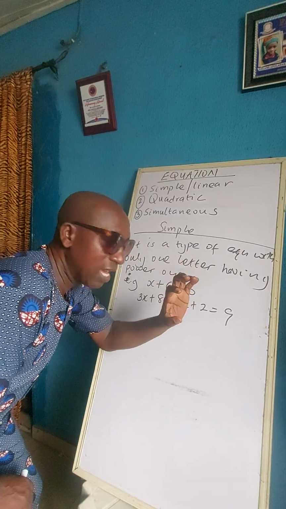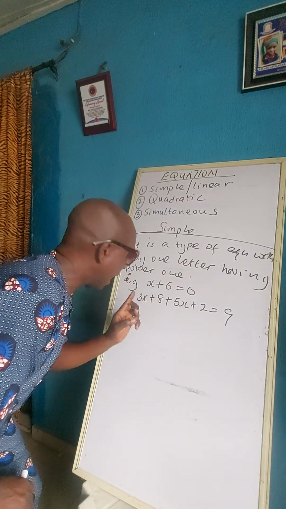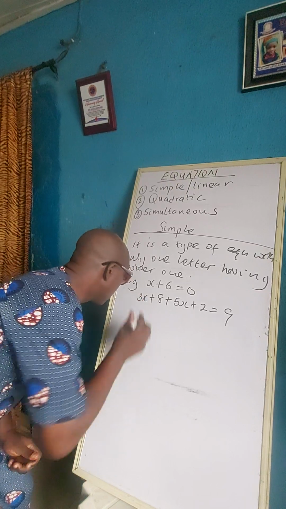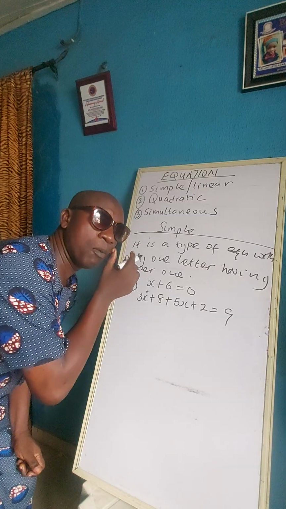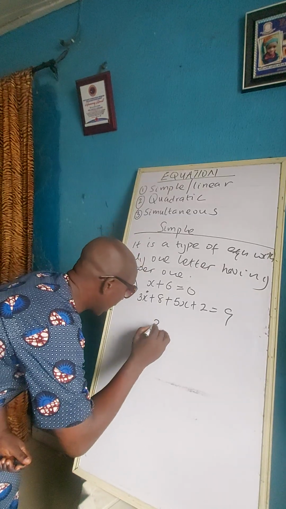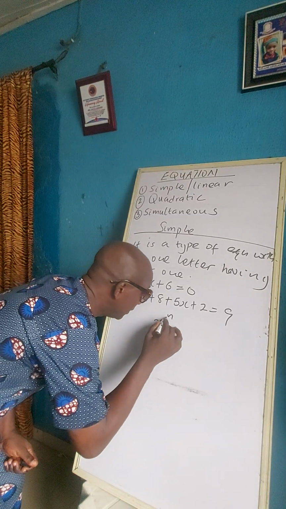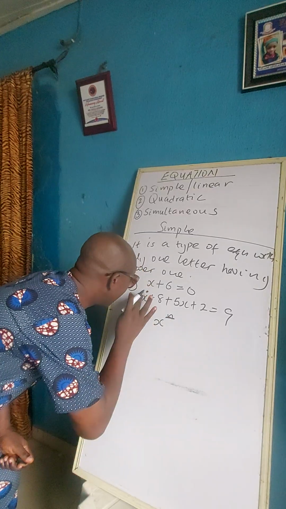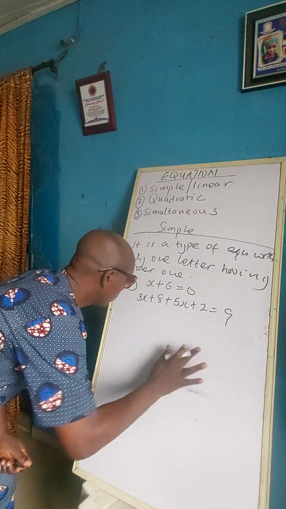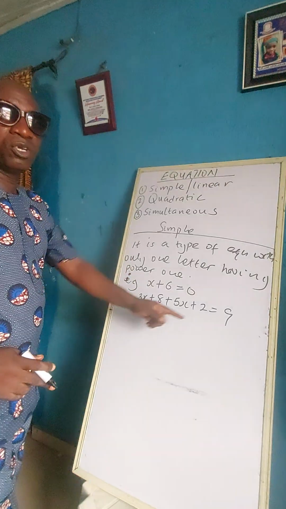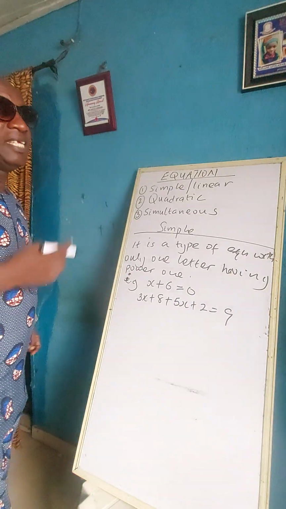The power is the n in x raised to power n, and here it is 1. That is why it is invisible. When you see something like this, it is called a linear equation.